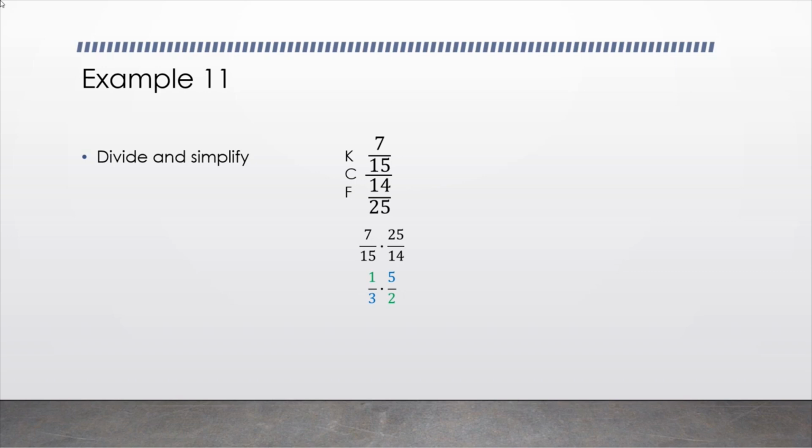So I have 1/3 times 5/2, and then you would just multiply that across. So 1 times 5 is 5, and then 3 times 2 is 6. That's it.